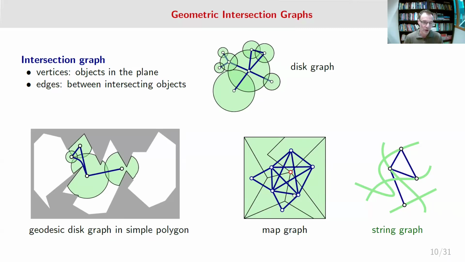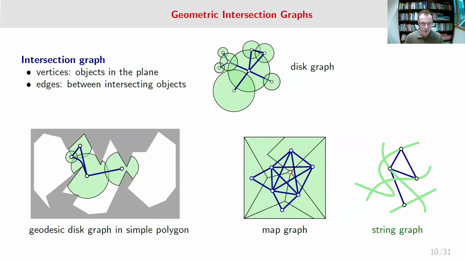Map graphs are planar, a little bit like planar graphs, but not quite. So you take a planar subdivision, like you see here. You look at not just the dual, but you add an edge between any two regions if their boundaries intersect, even if the boundaries just intersect in a single vertex. So for instance, here you see this red vertex.